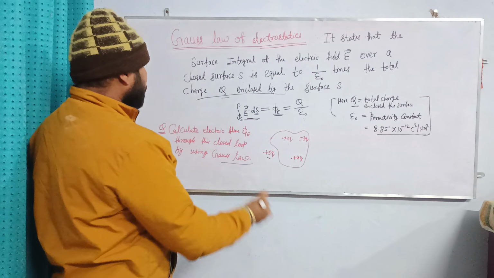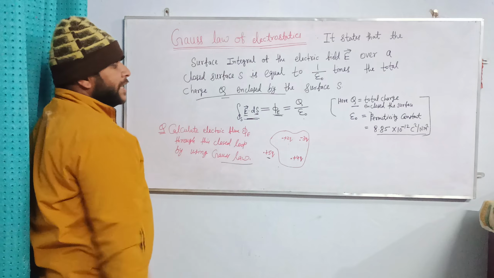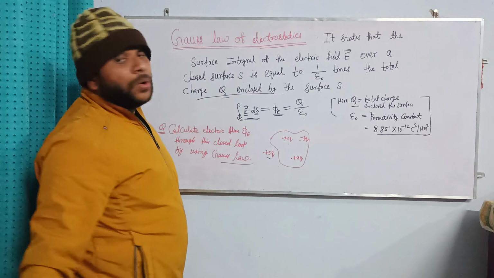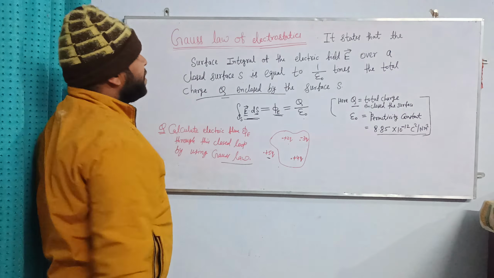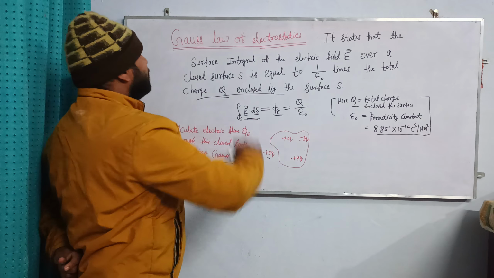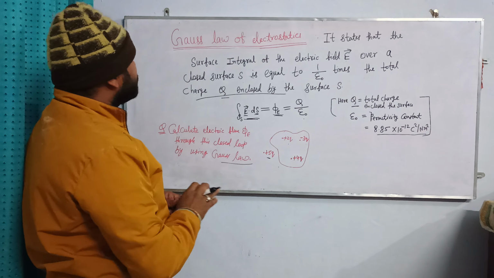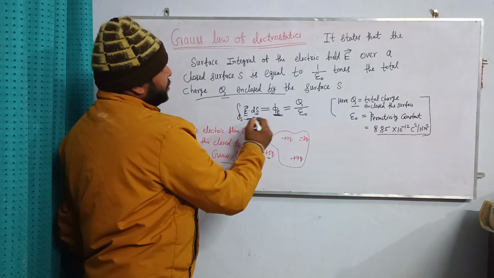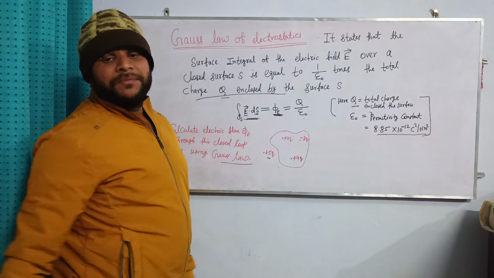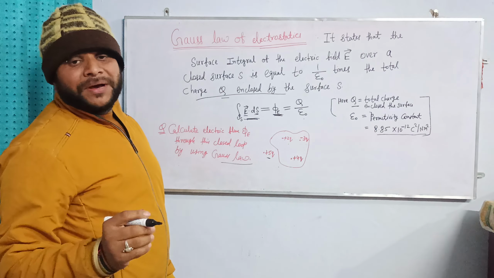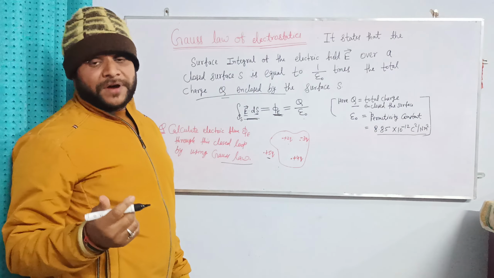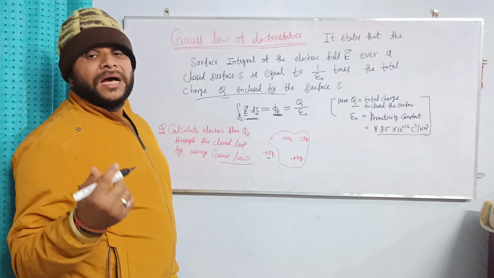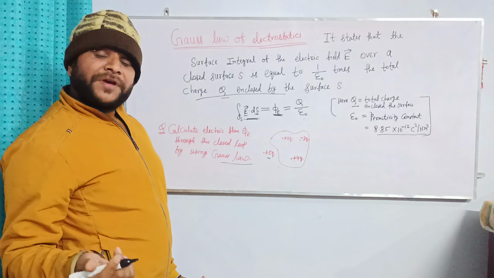Okay students. So in this problem we have to calculate the electric flux by applying Gauss law. As given, the surface integral of electric field over a closed surface S is the formula of flux phi E, as we have understood already that flux phi E equals EA cos theta, where E means electric field and A means surface area.